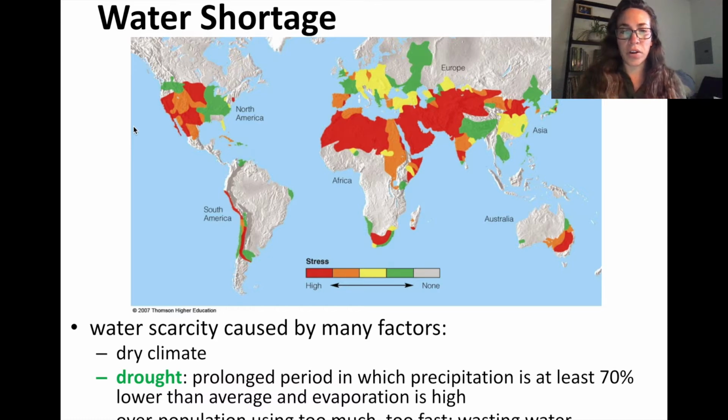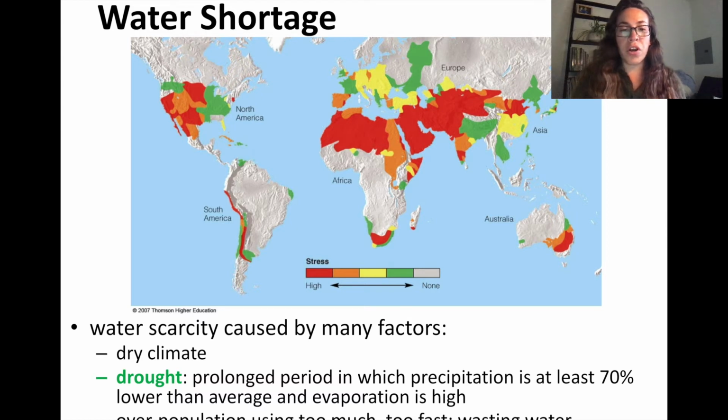And areas where water stress is fairly limited are areas where we have enough rainfall throughout all of the seasons to be able to meet the needs of the water usage. And so our more tropical locations tend to have no water scarcity issues, but our desert locations have a lot of water scarcity issues. So dry climate is one of the factors.